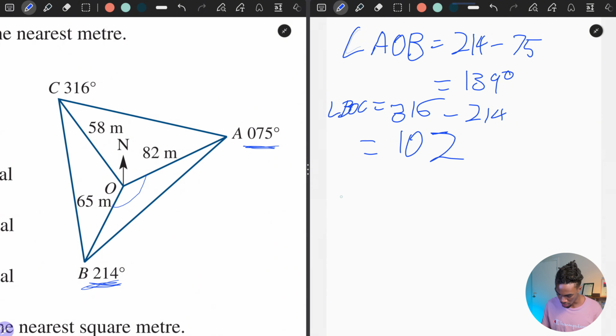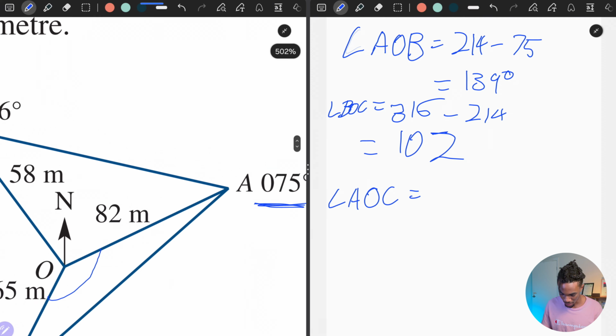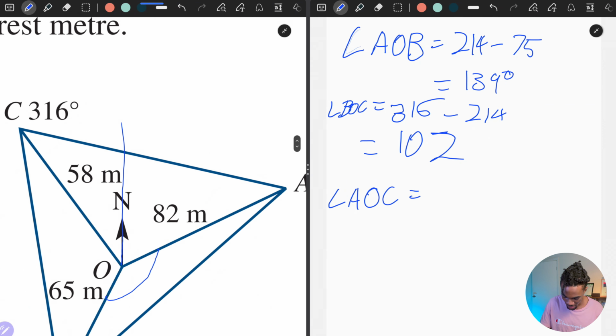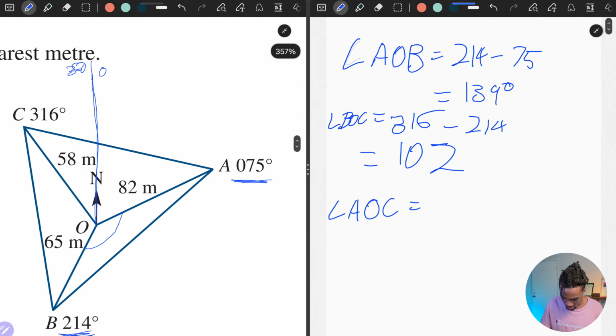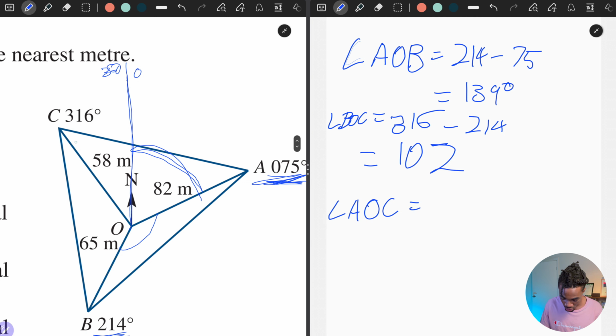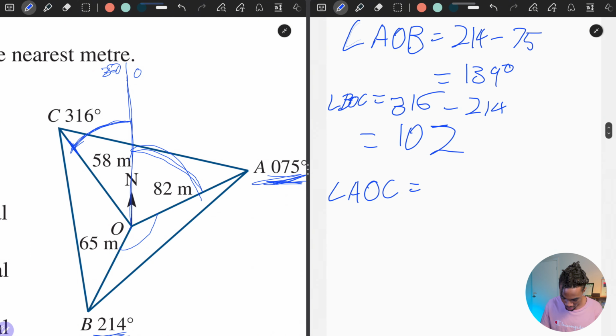So angle AOC is equal to... First, we have to remember that this here is 360 degrees on this side, and on this side it is 0. From here to here it says 75 degrees, from 0 to 75. And then from this line C to 360, we'll just call this theta.